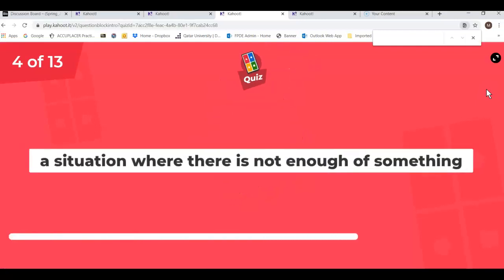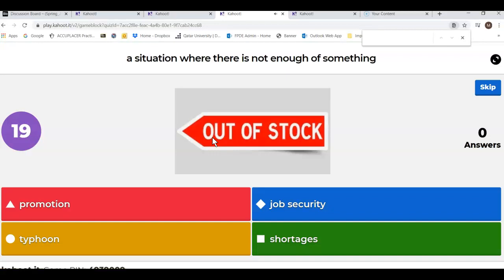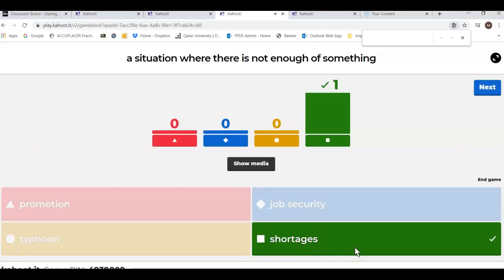Question 4. So it's a situation where there is not enough of something. Promotion, typhoon, job security, or shortages. The right answer is shortage or shortages, where there is not enough of something.